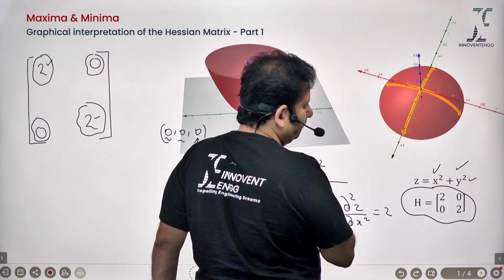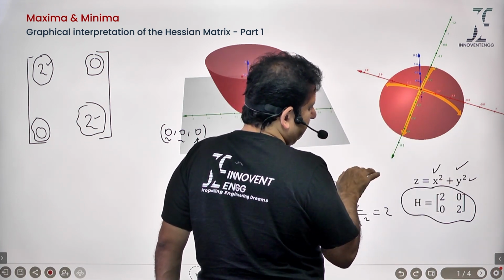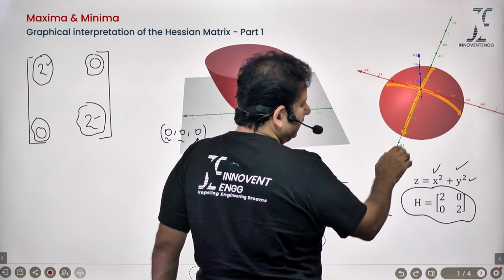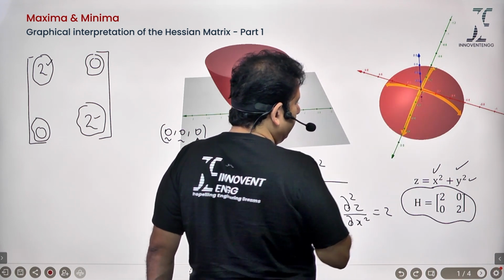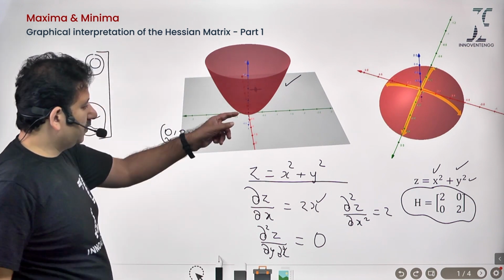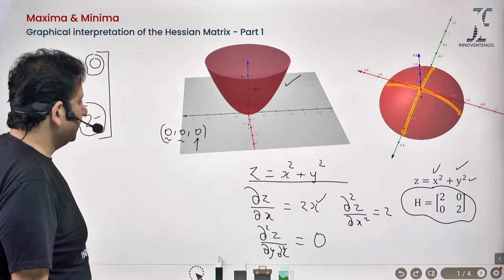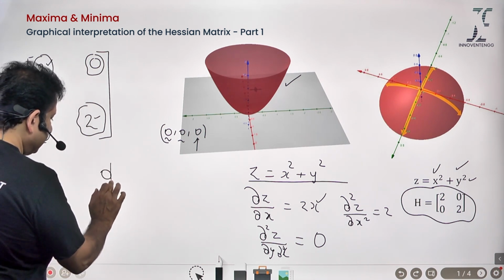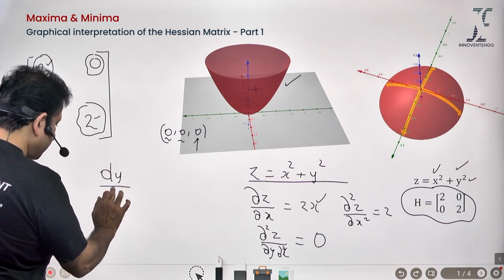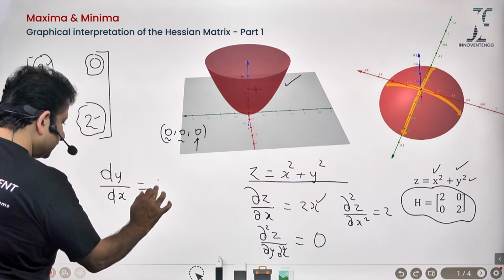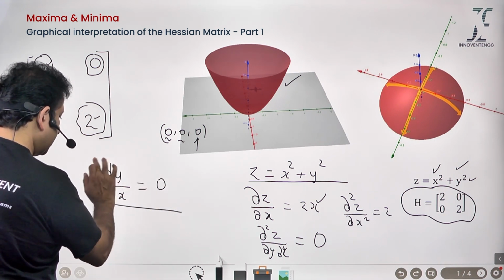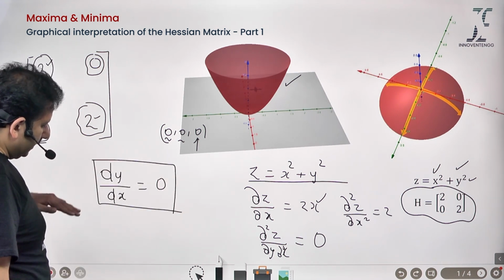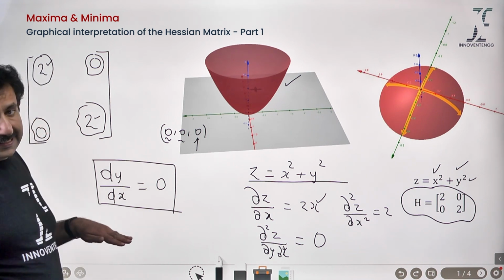From both the directions, you see that the curvatures are equal and their directions coincide with that of the axes. And why I am talking about the global minimum, you can also see that we said when we were discussing the single variable situation, the maxima and minima always occur at a point where the slope is 0, that is the tangent line is parallel to the x-axis.